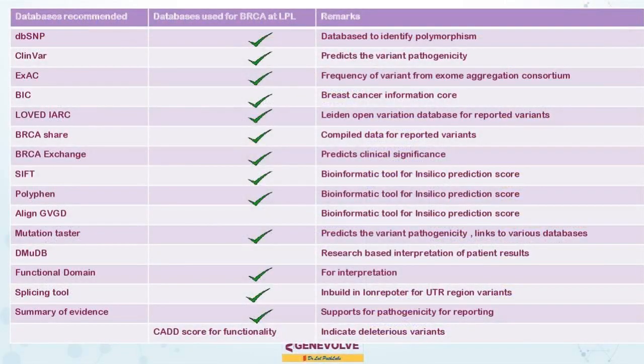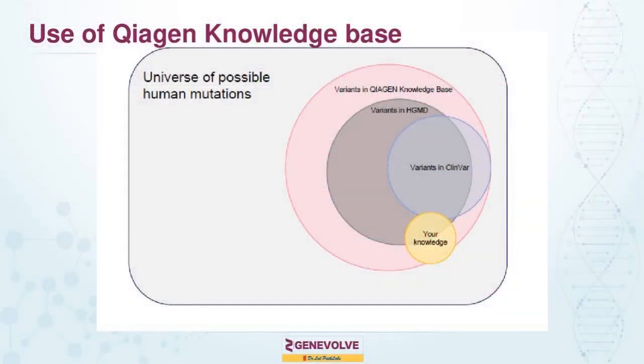The databases which we cover are exhaustive, and we cover many databases before we actually give out a report. We also use the QIAGEN knowledge base. If you look at this small yellow circle over here, that is what my knowledge would be. And then if you look at the variants in ClinVar and the variants in HGMD, all these are incorporated in this QIAGEN knowledge base, so that we are able to cover most of the knowledge which is available worldwide.